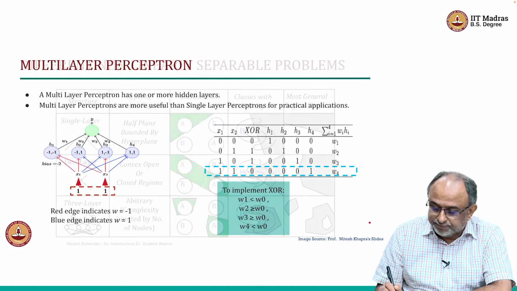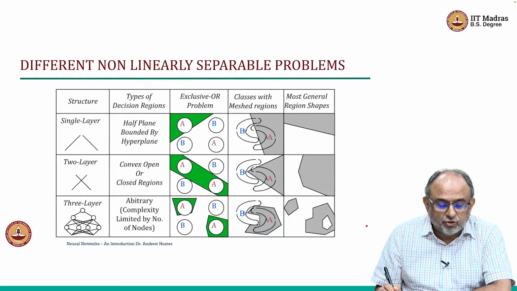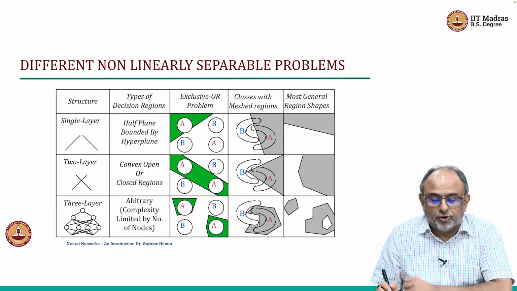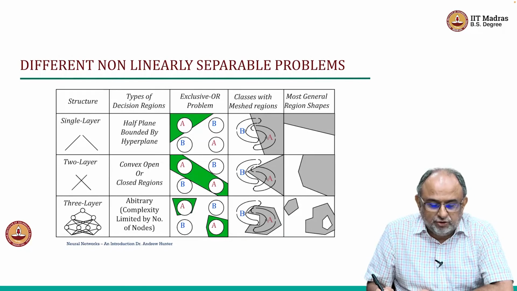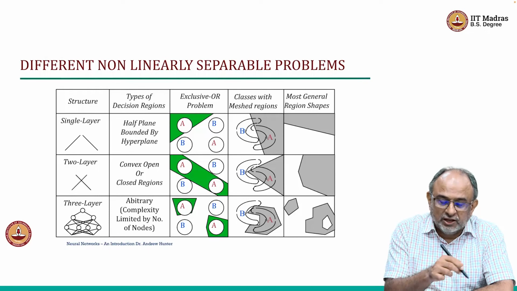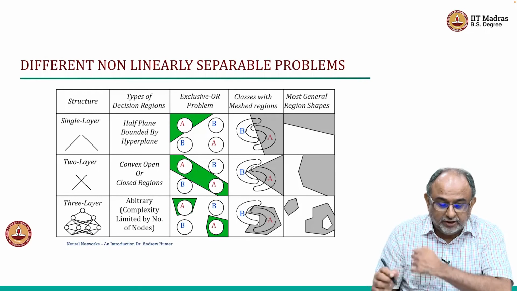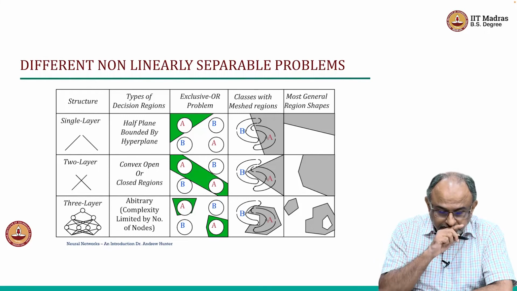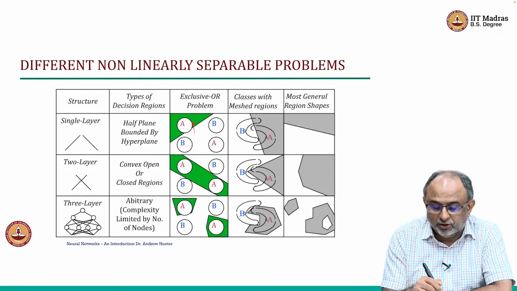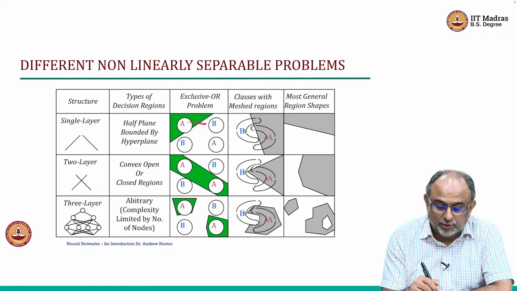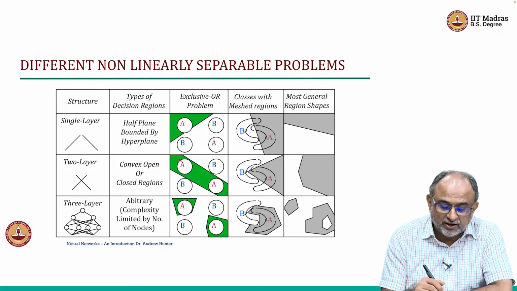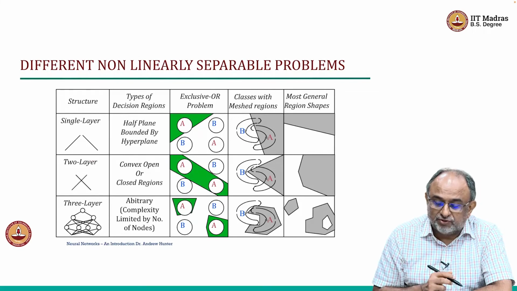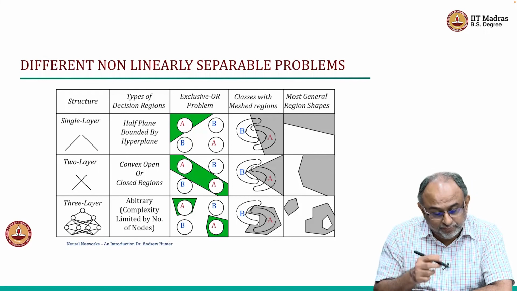So there are formal proofs that show that with a single layer you can classify two classes with hyperplanes, but even if you have two layers, then the XOR problem kind of thing starts getting solved.